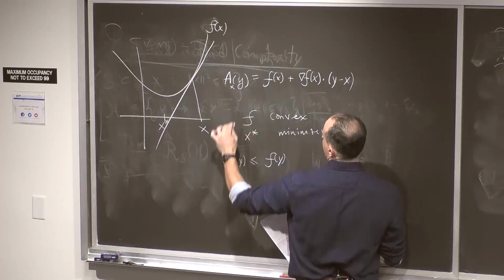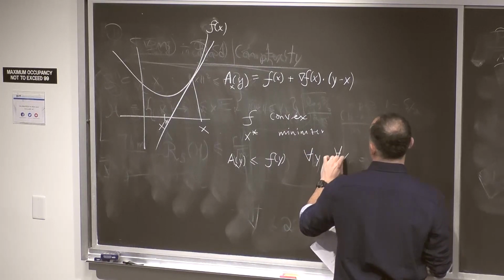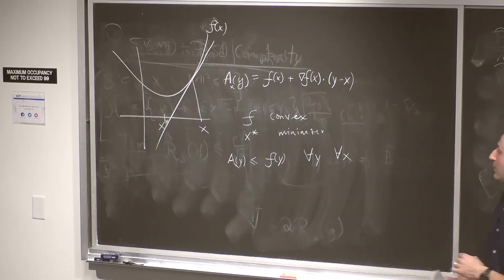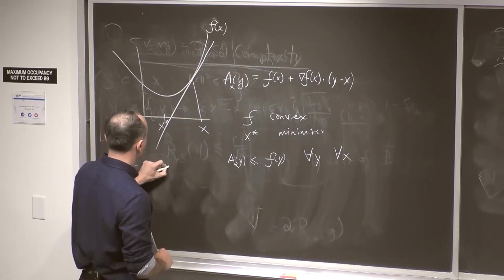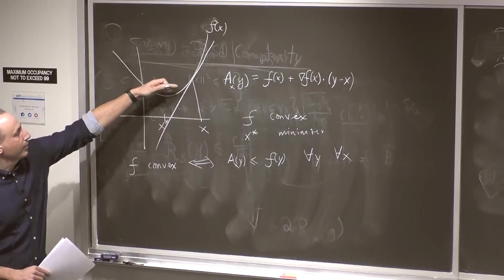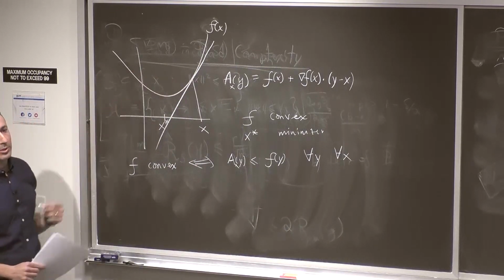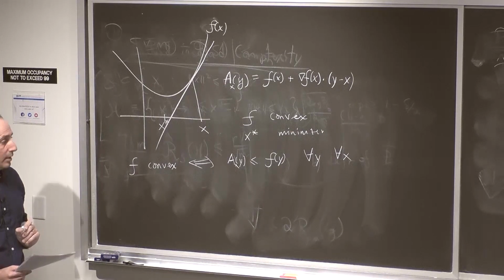Let me call it a_x to tell you where it's centered, for all y, and also for all x. That f is convex is equivalent to that. It's also equivalent to the usual thing where you take a secant and it's below when you average, but that's fine. That's the definition we're going to use in optimization.